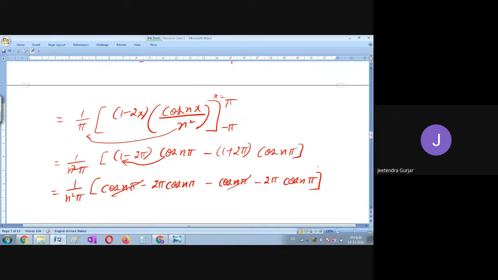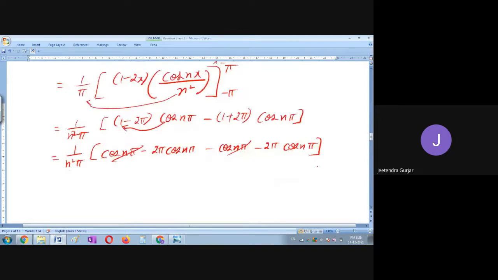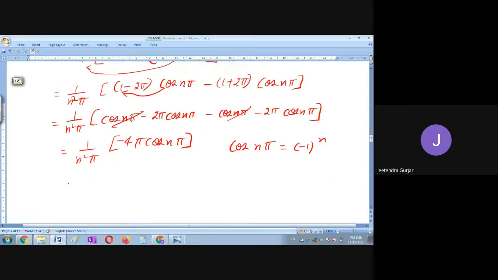So we are left with only 1 upon n square pi. In the bracket you can see this is minus 2 pi cos n pi minus 2 pi cos n pi, that is minus 4 pi cos n pi. Please remember this, friends. We know that cos n pi is always equal to minus 1 raised to n. So we'll get this as minus 4 upon, so here 1 pi will get cancelled.